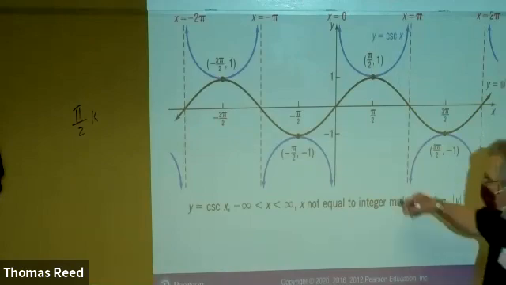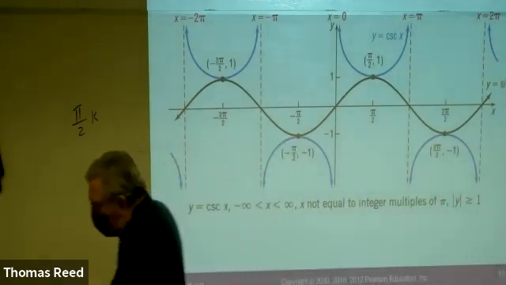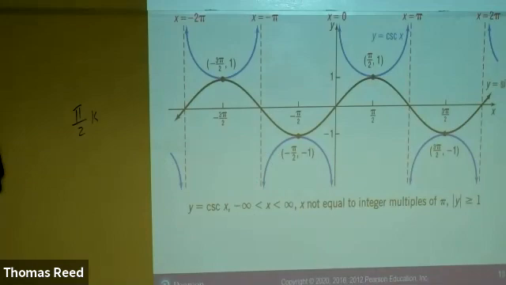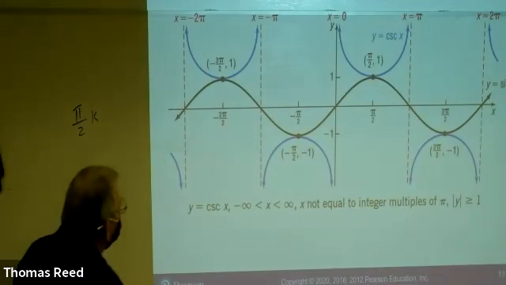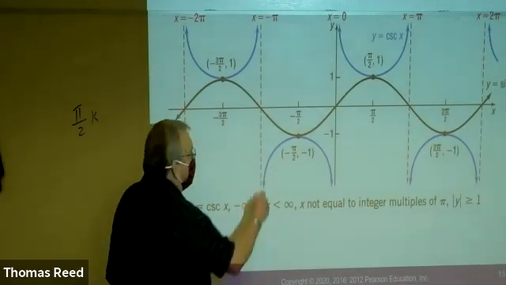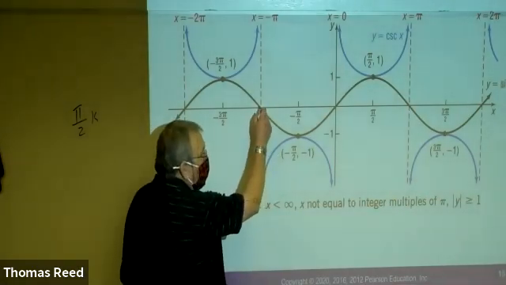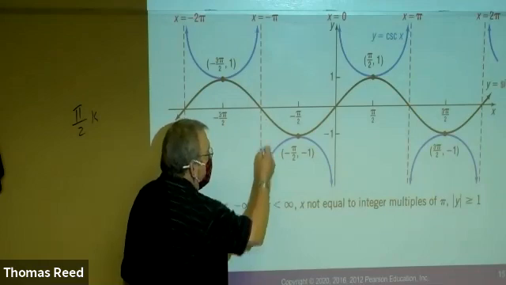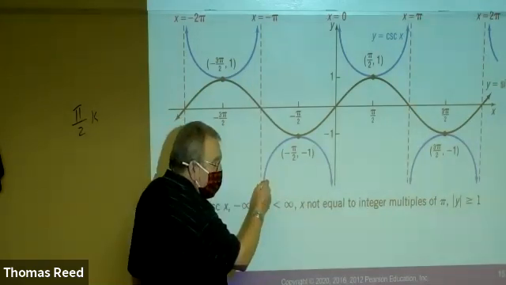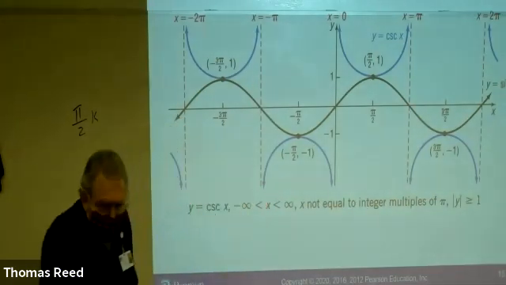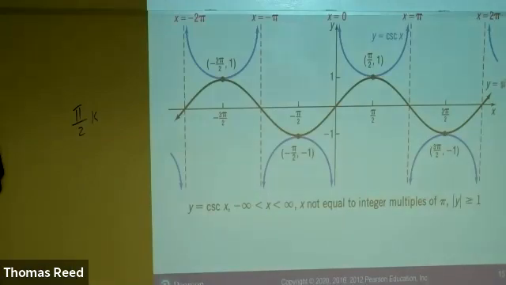Now this is a graph of cosecant. It is superimposed on the graph of sine. When sine is 0, that means cosecant does not exist, because cosecant is 1 over sine and 1 over 0 is undefined. So cosecant does not exist when sine is 0.